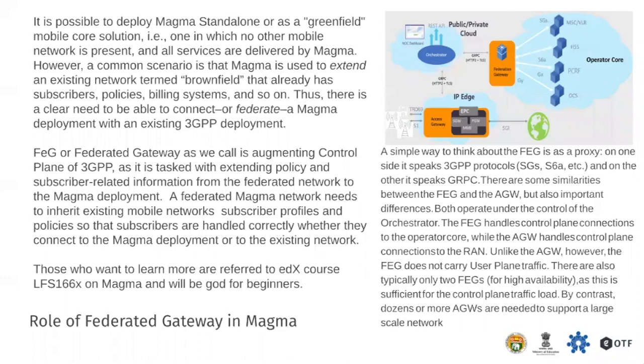So what I would say is, once there is a clear need to establish whether you are dealing with brownfield or greenfield, you can deploy, and then make sure you import all the necessary subscribers.